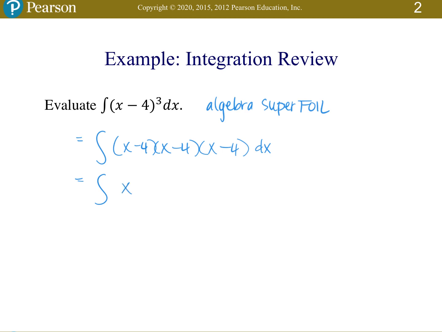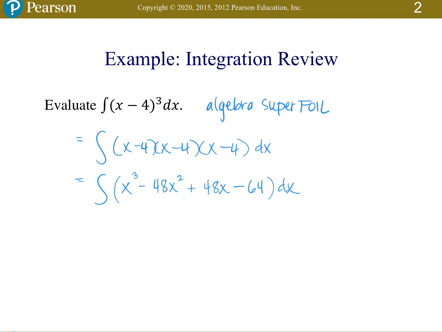You'd end up with x cubed, minus 48x squared, plus 48x, minus 64, and then you'd have to do the antiderivative of each of those. So that was before.